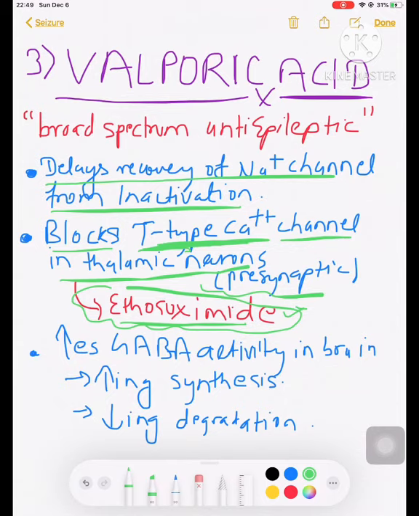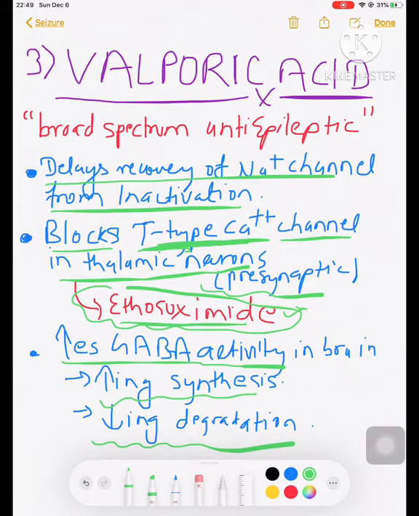The third mechanism of action is that it increases GABA activity. Again, GABA is an inhibitory neurotransmitter. It will increase the synthesis of GABA and decrease the degradation of GABA by acting on various enzymes.